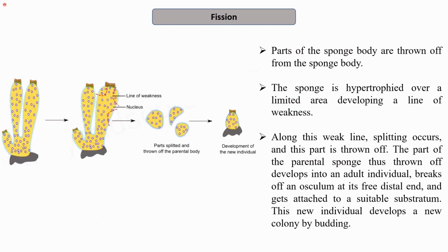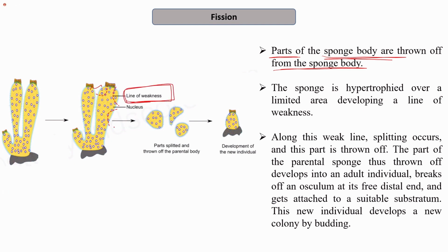The next is the process of fission. So we learned that one of the asexual methods of reproduction is budding. The next is fission. In fission, the parts of the sponge body are thrown off from the sponge body. You can see in this figure also, a line of weakness is created.